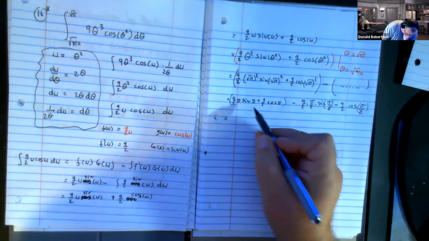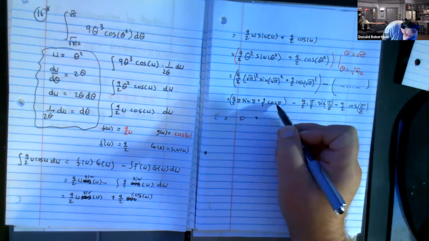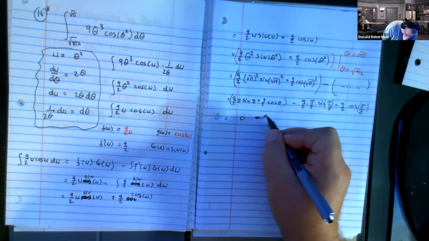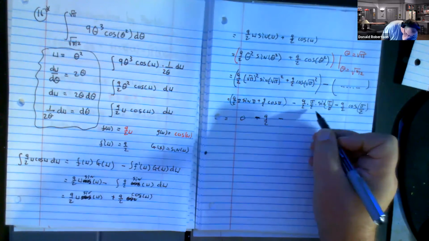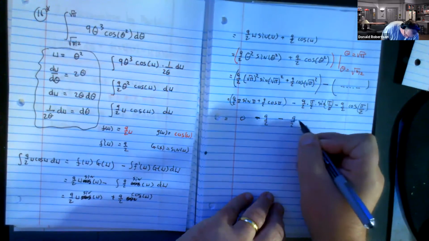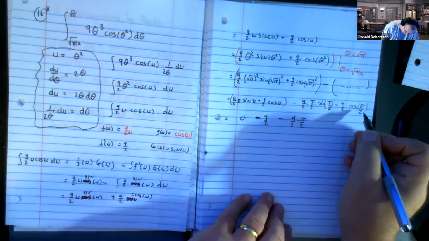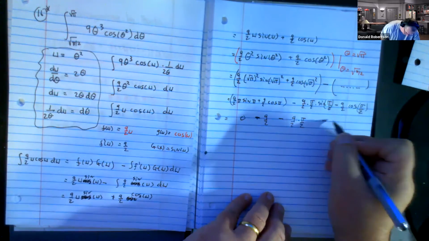Okay, sine of pi is 0, so that doesn't really matter. Cosine of pi is -1, so that's -9/2. Sine of pi upon 2 is 1, so you get that guy. Cosine of pi upon 2 is 0, so we don't care about that guy.